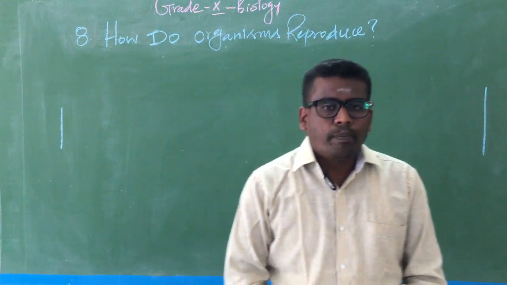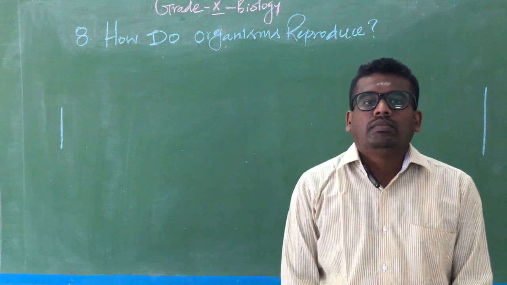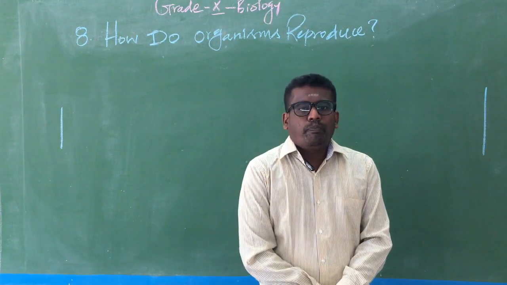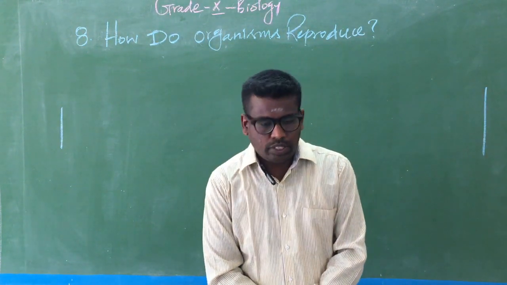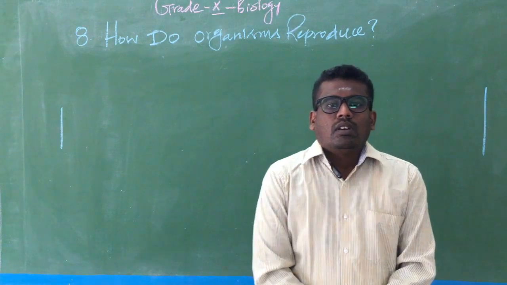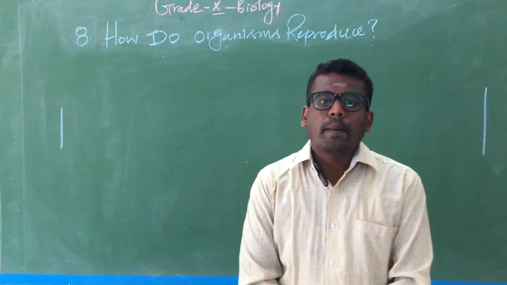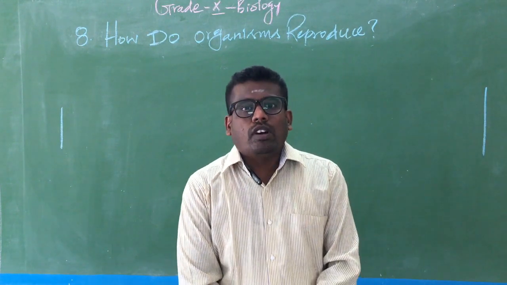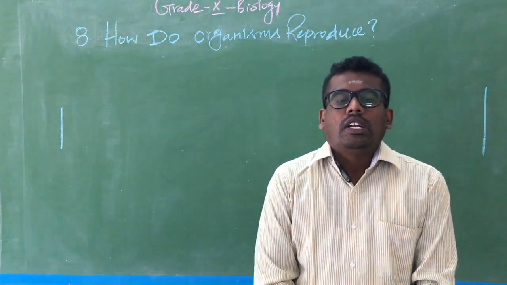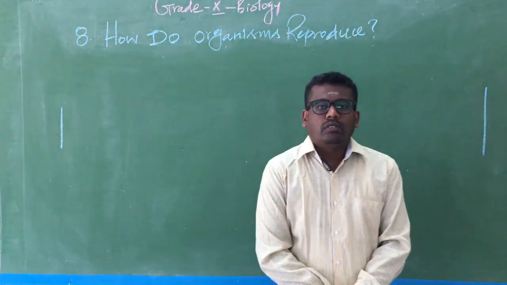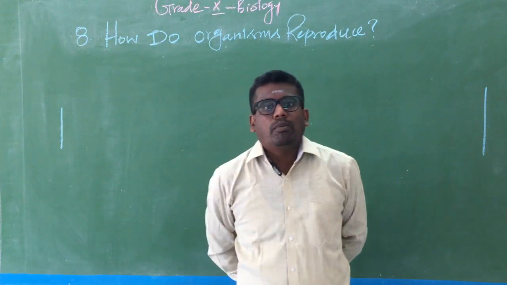Very good morning, students. In the previous class we started reproduction in plants. There we discussed the reproductive part of the plant, that is the flower, the structure of a flower, and the types of flower: unisexual and bisexual flowers, with examples.